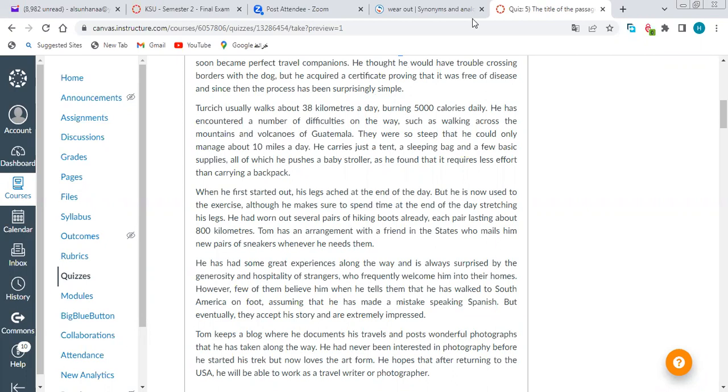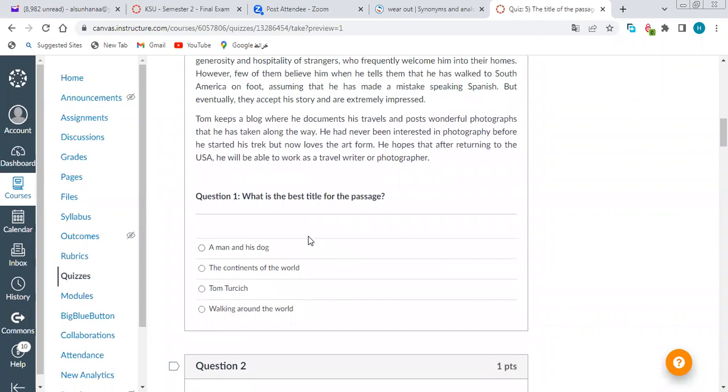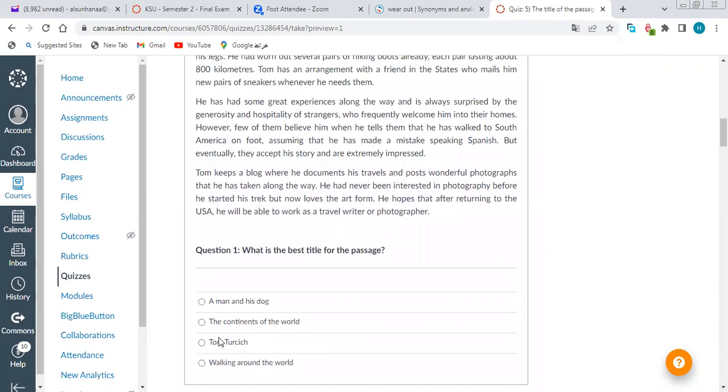Okay, guys, your answer. The best title: A Man and His Dog, The Continents of the World, Tom Tursish, or Walking Around the World.